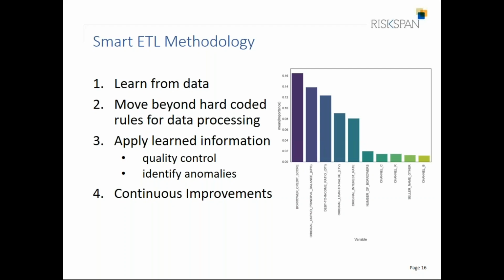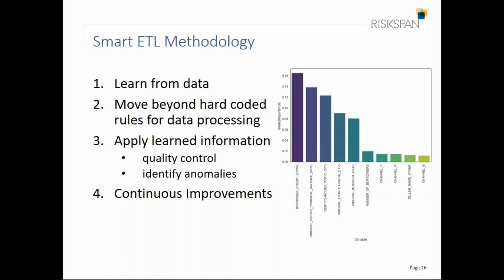Yeah, that's definitely true. So once we've got those rules, we also want to apply the learned information in other ways to make the ETL more robust. Things like quality control get easier when you're learning from your data, and identifying potential bad sources of data or errors that you see is also an outcome of this.